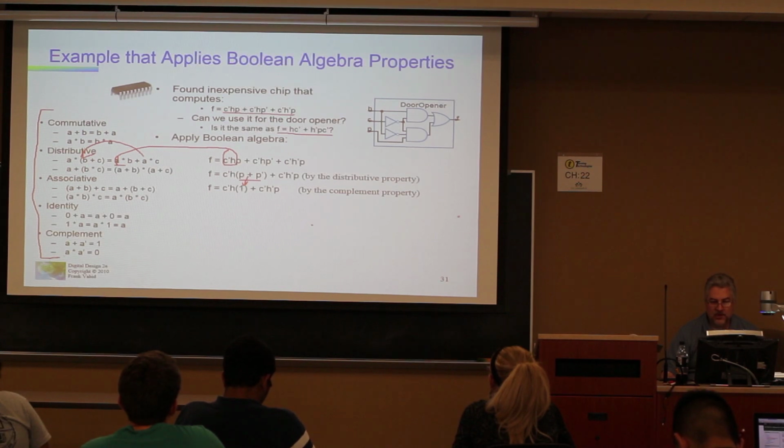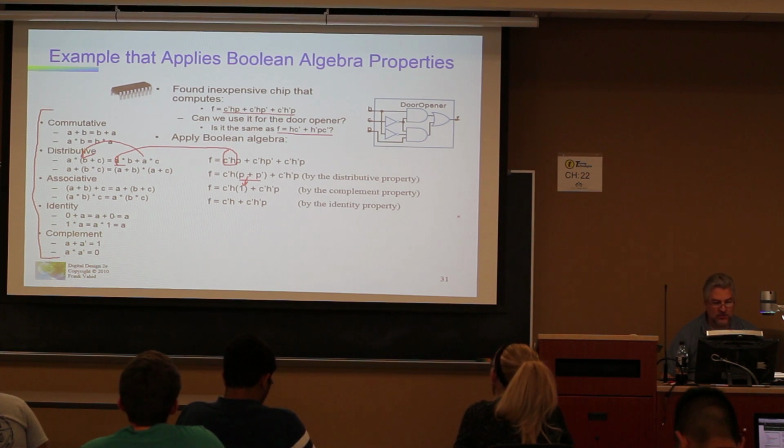All right, so what else do we see? Oh, we took it away from the identity property, which was anything and 1 is anything. So anything and 1 is anything.